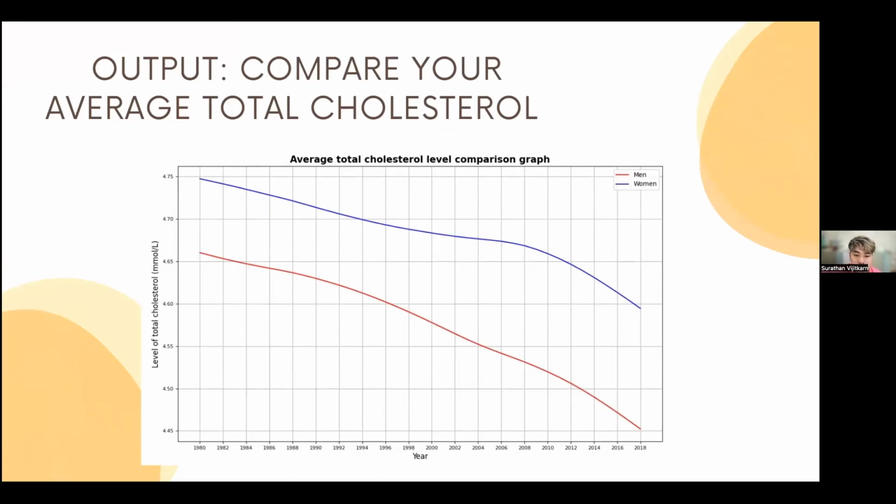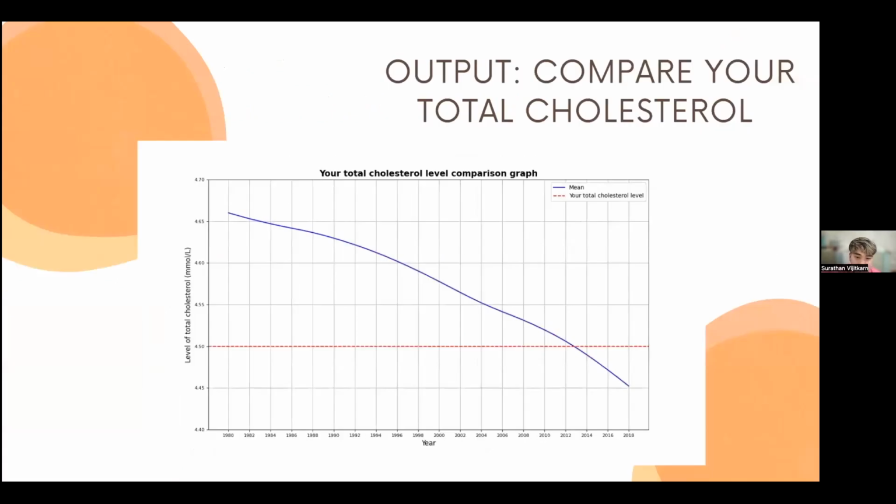It shows the average total cholesterol of men decreased about 0.15 and the average total cholesterol of women decreased about 0.22%. And next, we go to the details about the program.